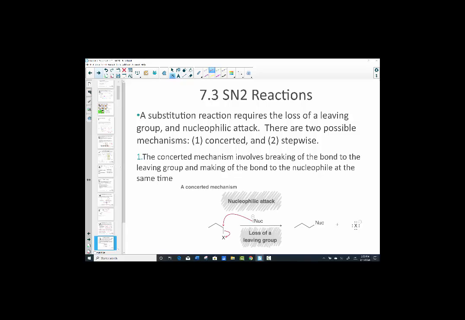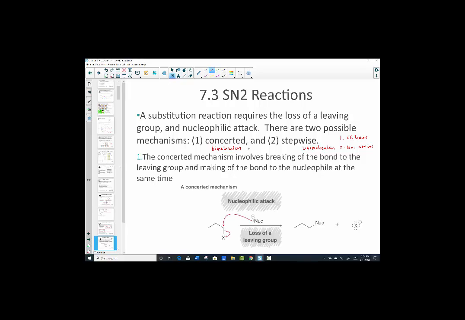There are 2 possible mechanisms in a nucleophilic substitution: a concerted one, which is bimolecular, 2 molecules colliding at the same time, or a stepwise one, which is unimolecular, where the leaving group has to leave and then the nucleophile arrives. So step 1, the leaving group leaves. Step 2, the nucleophile arrives. I'm just thinking back to the kitty cats.